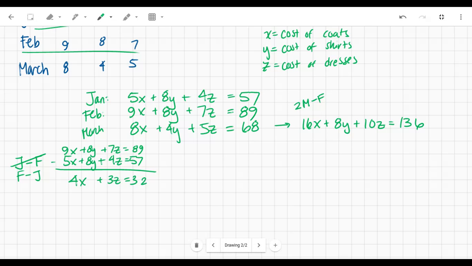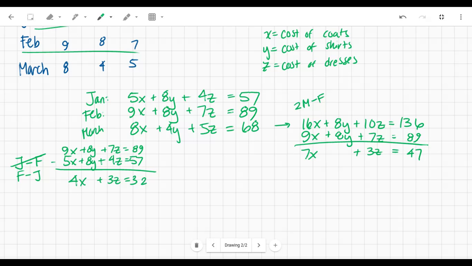Okay? So then I've got 9x plus 8y plus 7z equals 89. And subtract, so I get 7x, 0y, 3z equals 136 minus 89, 47.